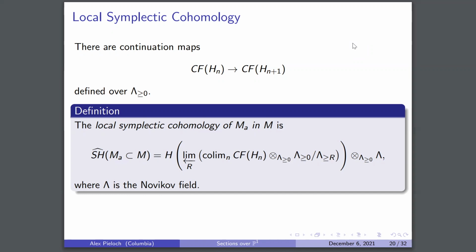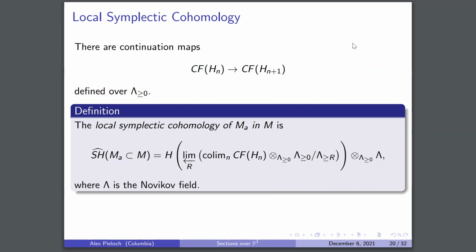for our compact subset M_A inside of M. Okay, so let's try to unpack this in steps. We start with our chain complexes, CF(H_n), and then we take the colimit with respect to our continuation maps. So we have some finite pieces, we take a colimit and get some infinite complex. Then we take the inverse limit with respect to the valuation. All we are doing is completing with respect to the valuation of the Novikov ring.